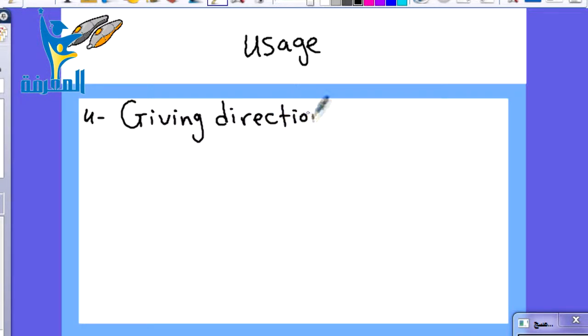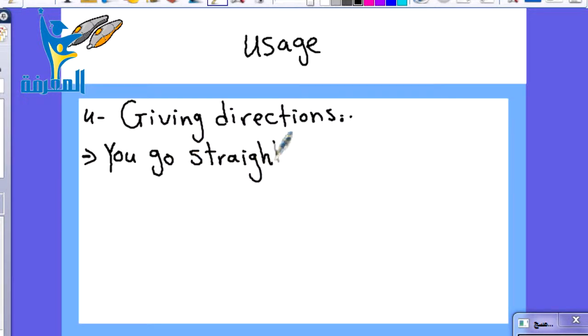If you are giving direction for a lost person, you will say your directions in the present simple tense. Like what? You go straight. Then turn left.